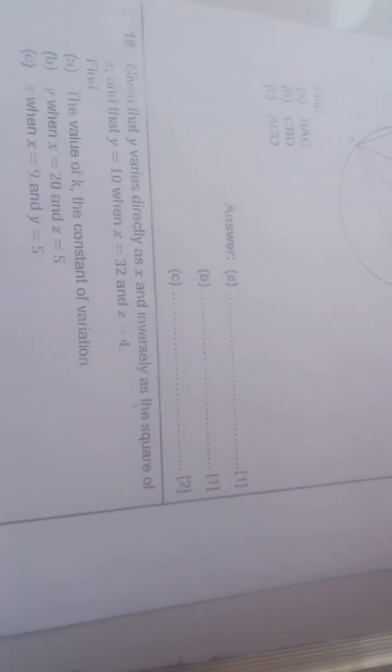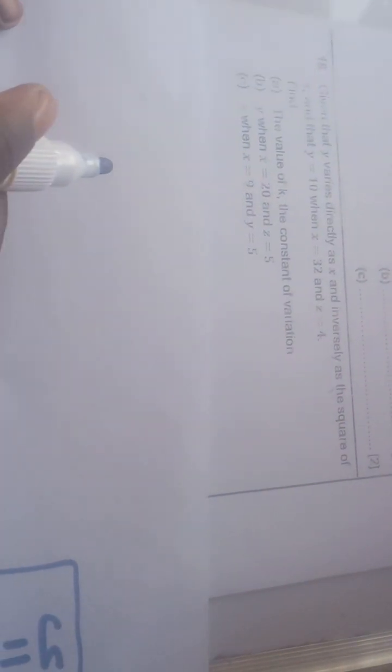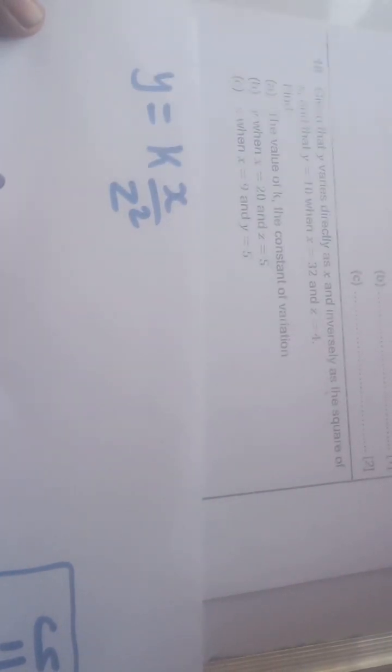What is the second question saying? They are saying, find the value of y when x is equal to 20 and z is equal to 5. So you use the same formula, y is equal to kx over z squared. They are saying find the value of y.